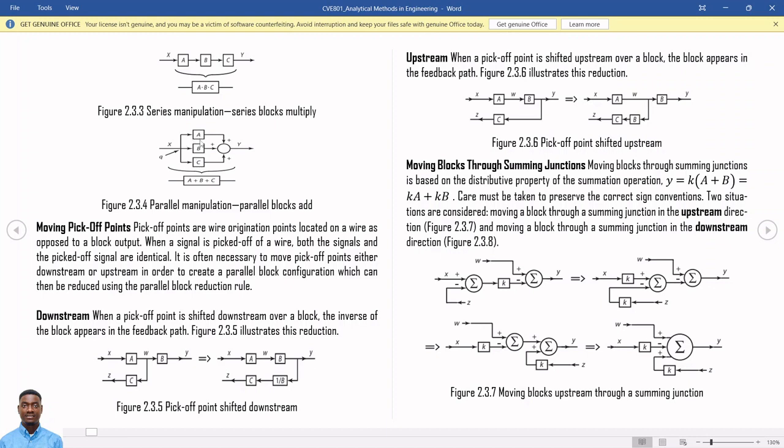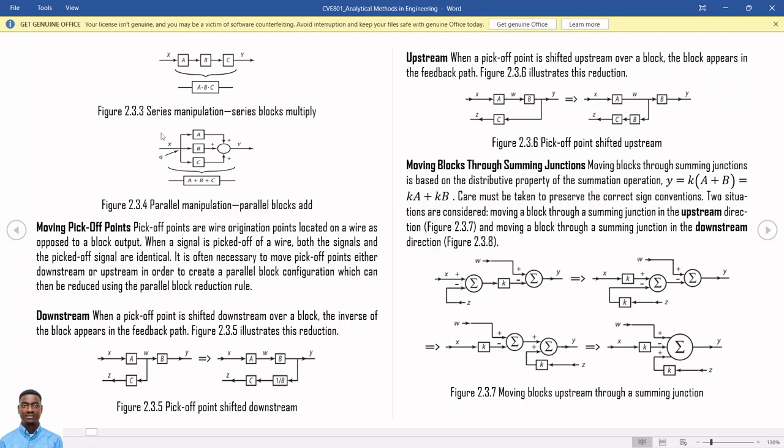Blocks can align in a vertical stack, but they are not in parallel because it's not the same signal going into them. But in this case, we have A, B, and C stacked vertically, and the same signal X is going into A, into B, and into C. That is what makes these three blocks parallel.